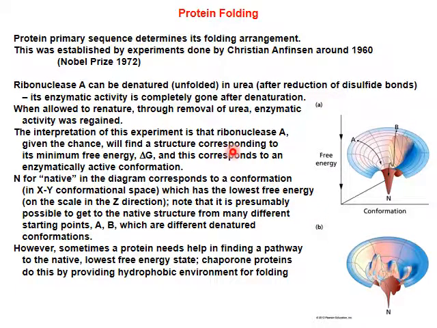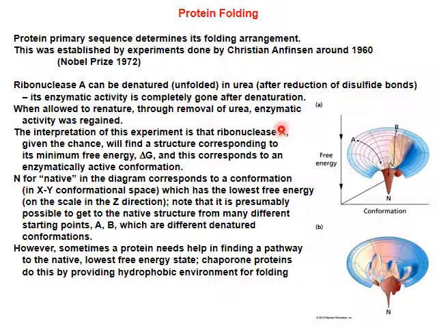Okay, so Anfinsen used ribonuclease A, which is a small protein that has 3 disulfide bonds, and he basically denatured the protein by providing urea to unfold the protein and reduce the disulfide bonds with a reducing agent to make them free sulfhydryl groups, and then dialyzed those components away and allowed the protein to refold, and did many studies to look at the protein refolding process.